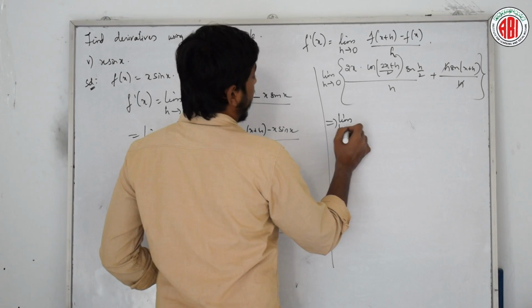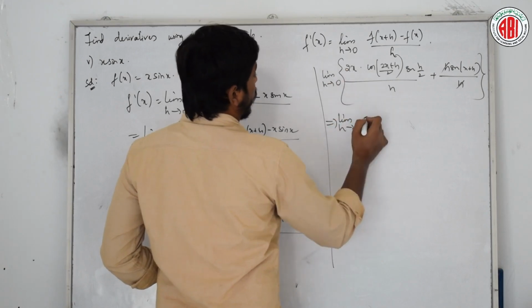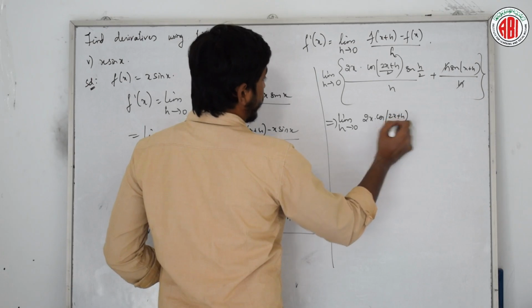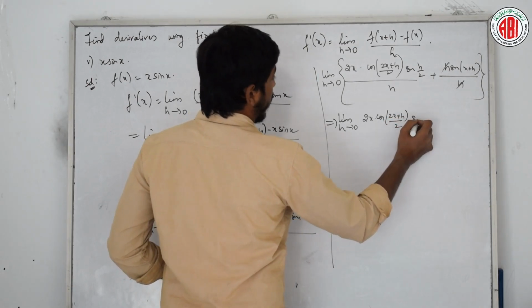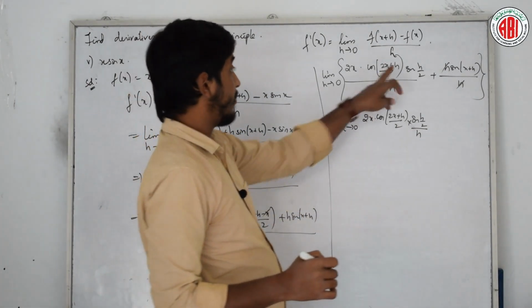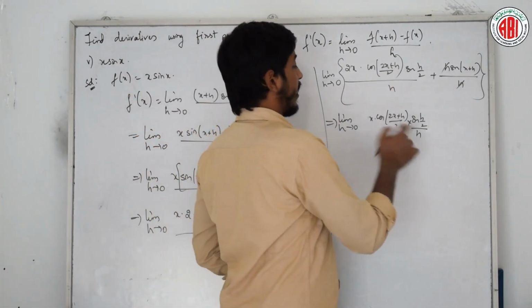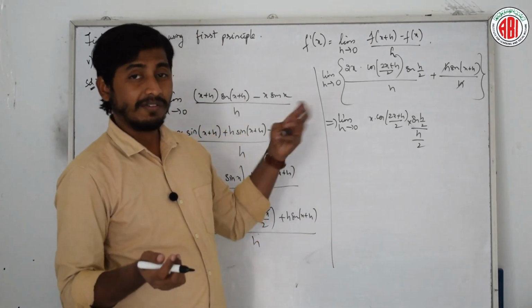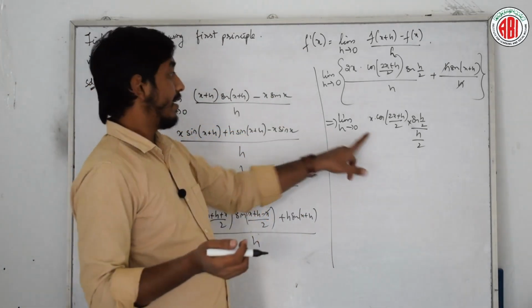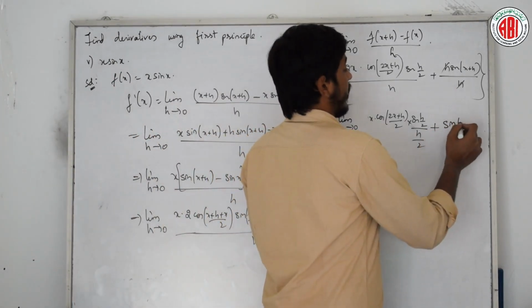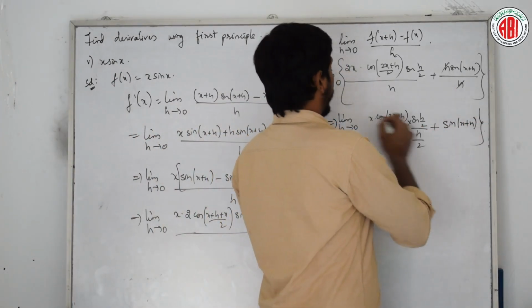Limit h tends to 0, 2x cos((2x+h)/2) into sin(h/2) by h. Right? I need h by 2, so let us write this numerator by 2 here itself. Multiplying and dividing by 2 is multiplying by 1, but however it will cancel. Yes? Is it fine? Plus sin(x+h).